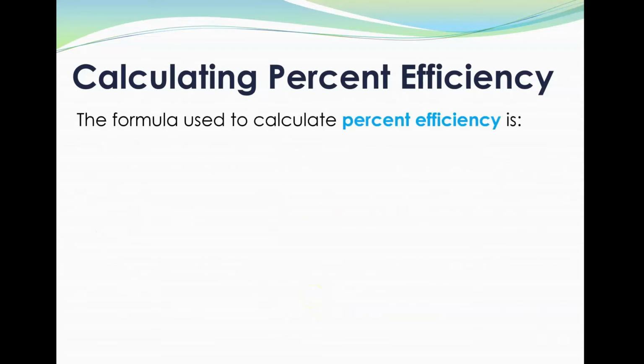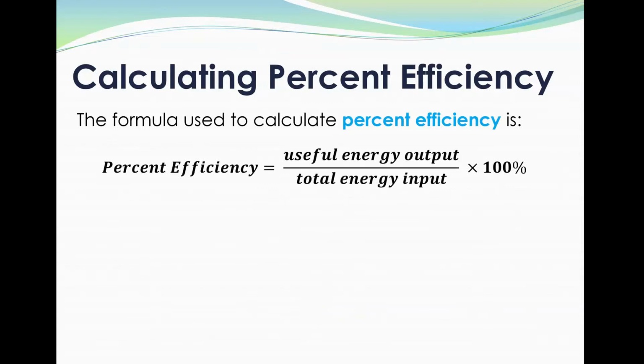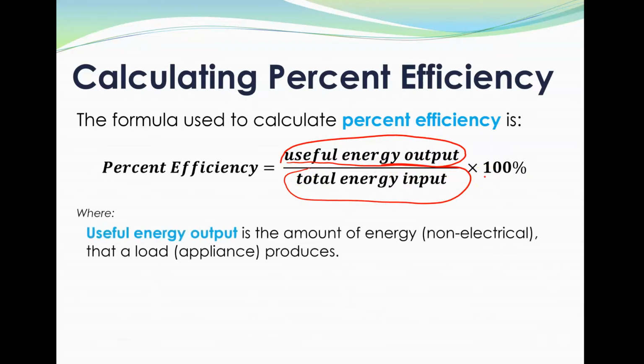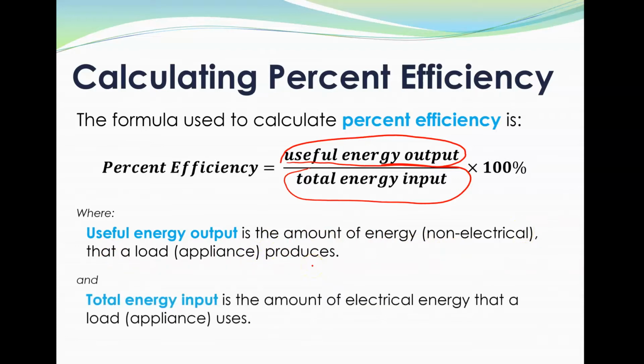Okay, so the formula used to calculate percent efficiency is percent efficiency is equal to the useful energy output divided by total energy input multiplied by 100%. Okay, so where the useful energy output is the amount of energy, non-electrical, that a load appliance produces.